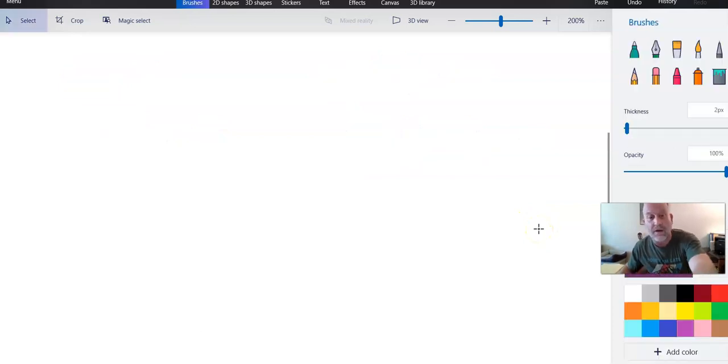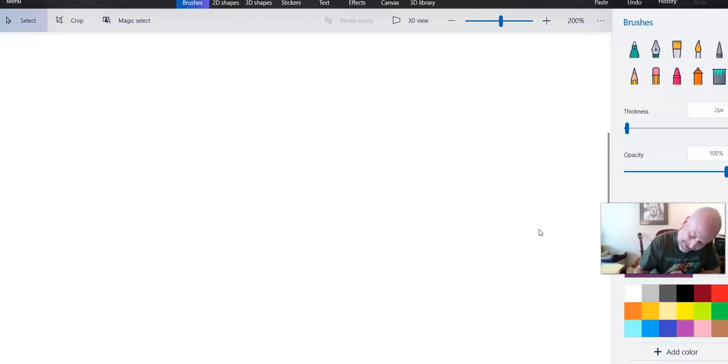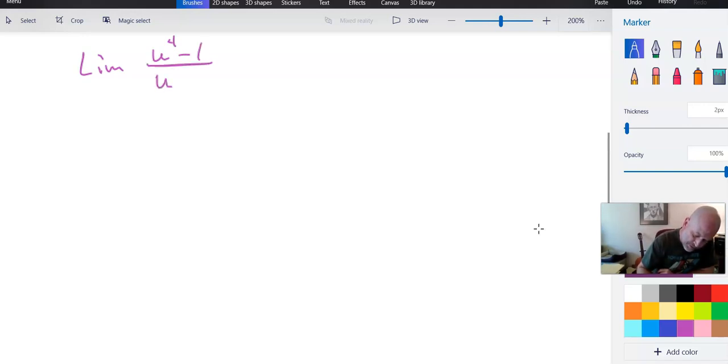Let's clear that off and start over here. Let's say I have the limit of u to the 4th minus 1 over u to the 3rd minus 1, as u approaches 1.